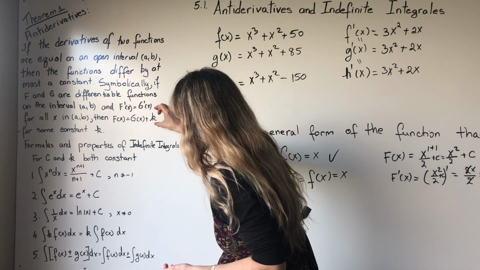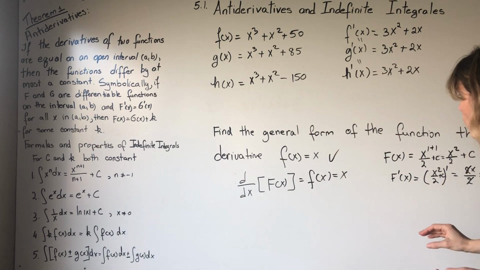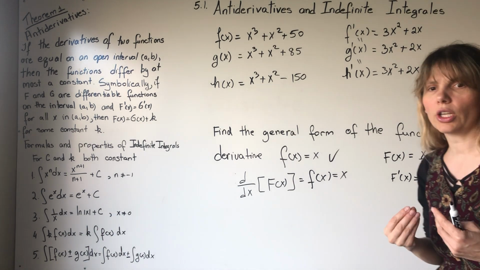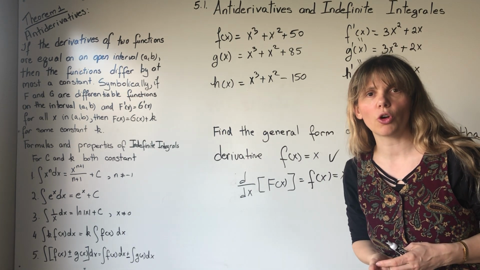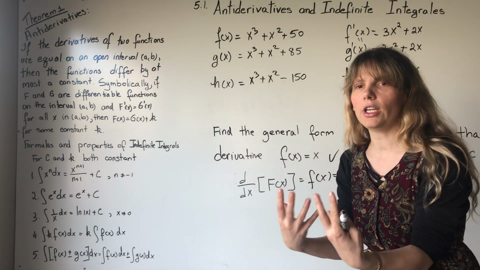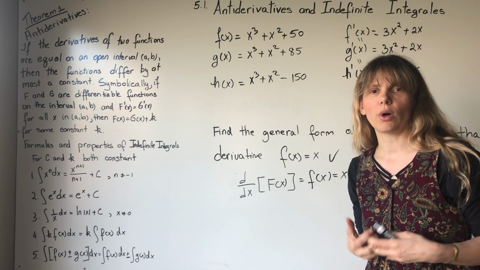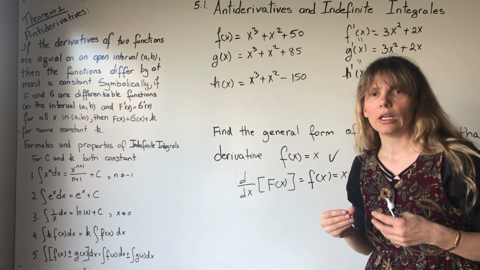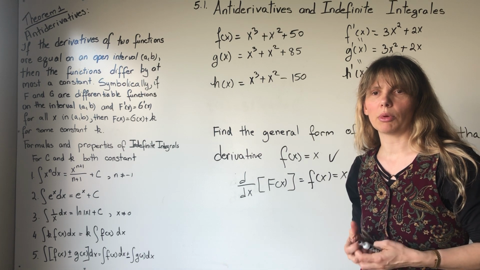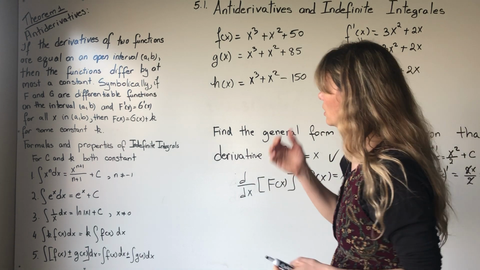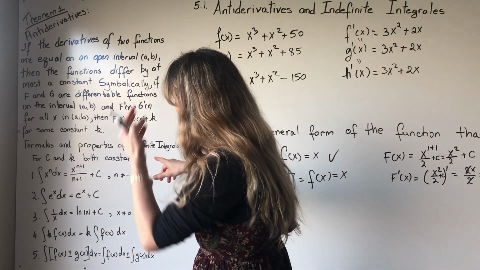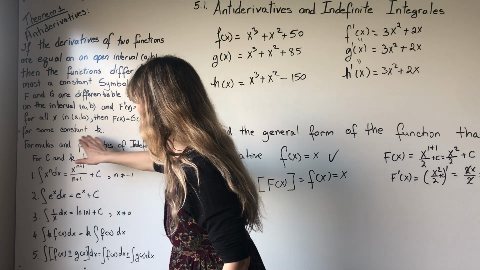So it was very, very important to add this constant, correct? Because we are not talking about having one solution, like I said before. We are talking about having infinitely many functions that have the same derivative. If you have one derivative, you'll have an infinite number of functions that can have that derivative, okay, for some constant k.